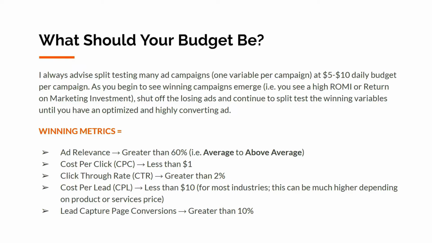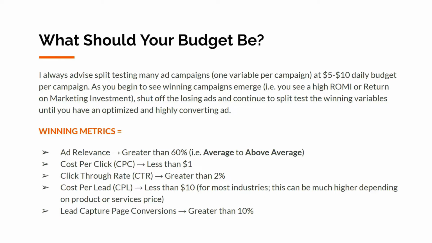First, ad relevance. Anything greater than 60%, which equals average to above average rating. You want your ad to be relevant to the audience you're targeting. Next, cost per click. Your cost per click should be less than $1. Next, click-through rate. Anything greater than 2% is your goal.